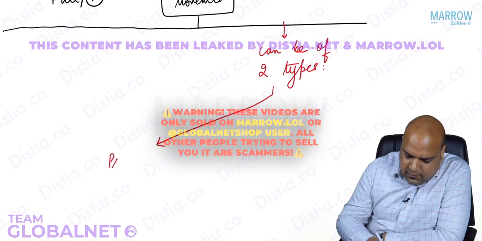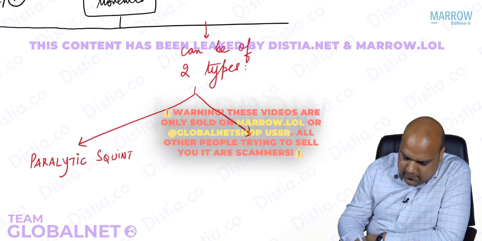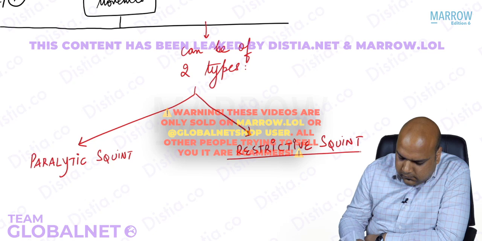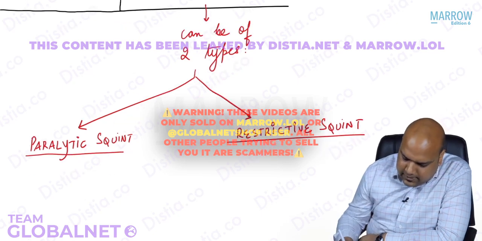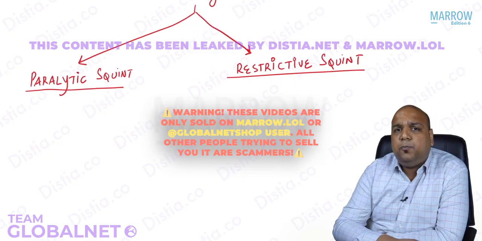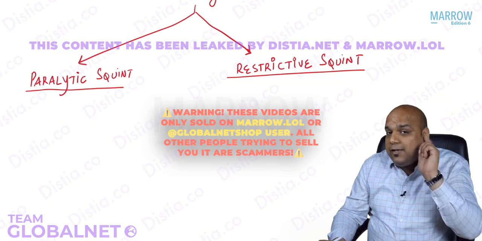The first word we use is known as paralytic squint, and the second word we use here is restrictive squint. Now the names themselves should make this very clear, everybody. Paralytic squint means due to paralysis of cranial nerves. Restrictive squint means restriction. Understand?